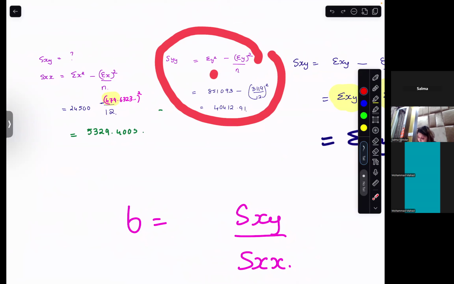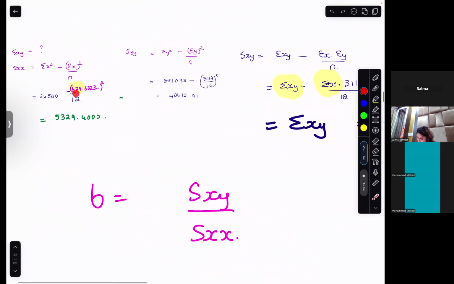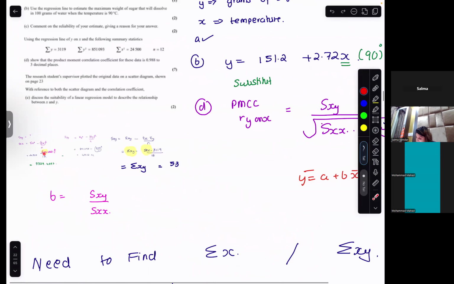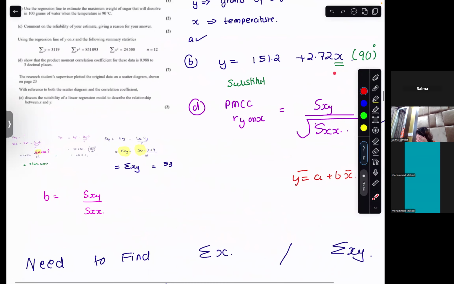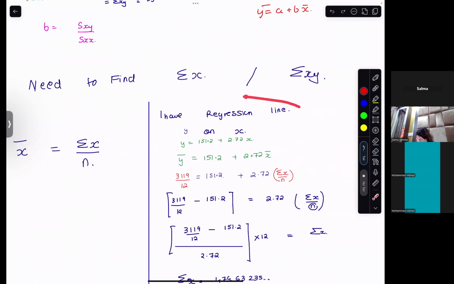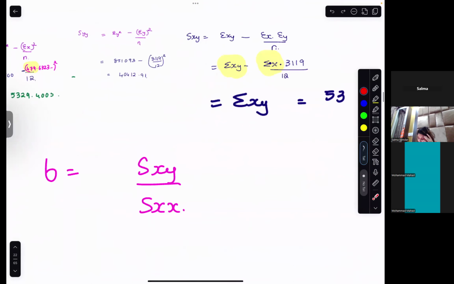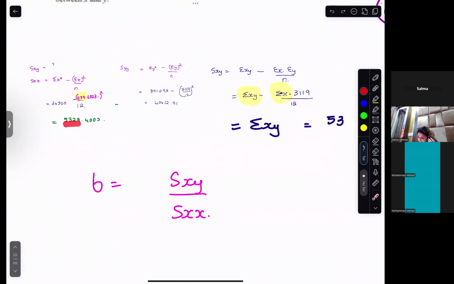For sxx, we did not have the sigma x, but then we used the formula of the regression line and we put this mean over here and we found the mean of x and then we found the sigma x. And with the help of sigma x, I found sxx.